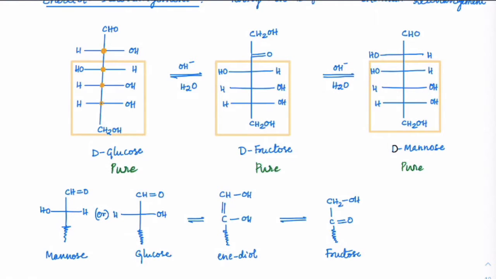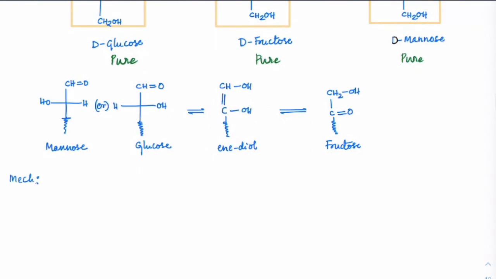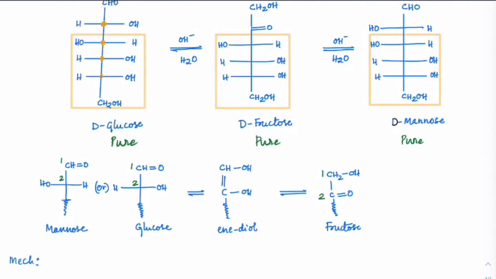Now, how exactly is it happening? Check it out. In case of mannose here, OH will be on the left hand side. I am only considering the first 2 carbons, 1 and 2. Here also 1 and 2. Glucose, fructose also 1 and 2. Imagine the rest is a tail, this part which I have written in the box. The change is happening only between 1 and 2.